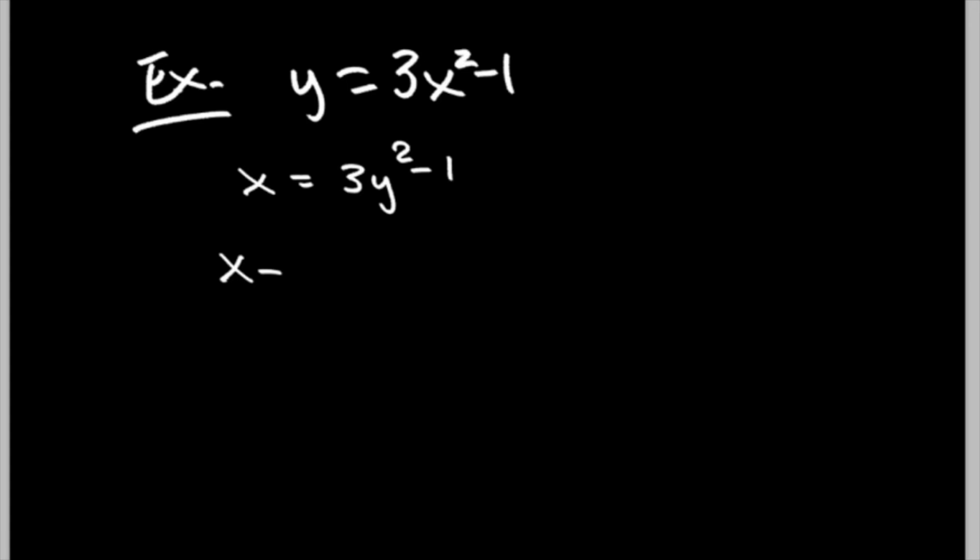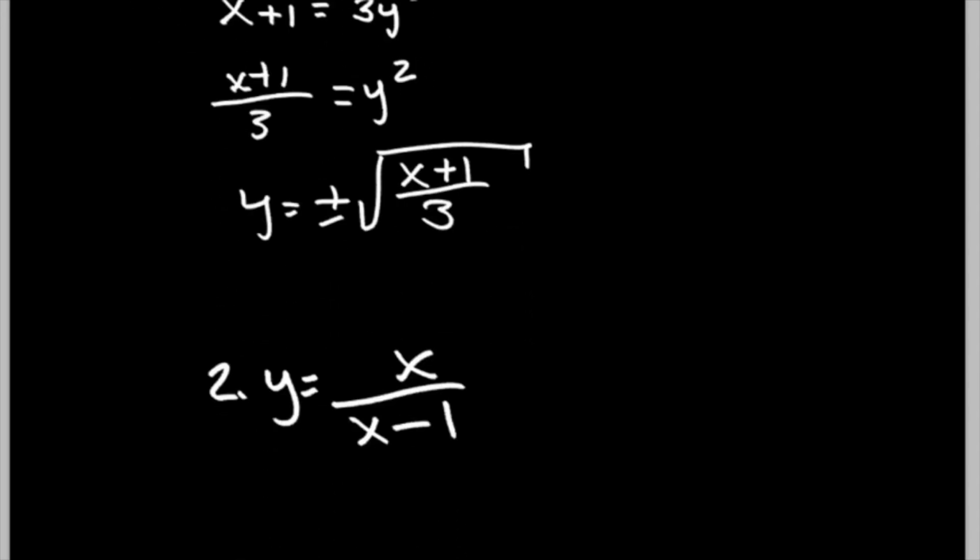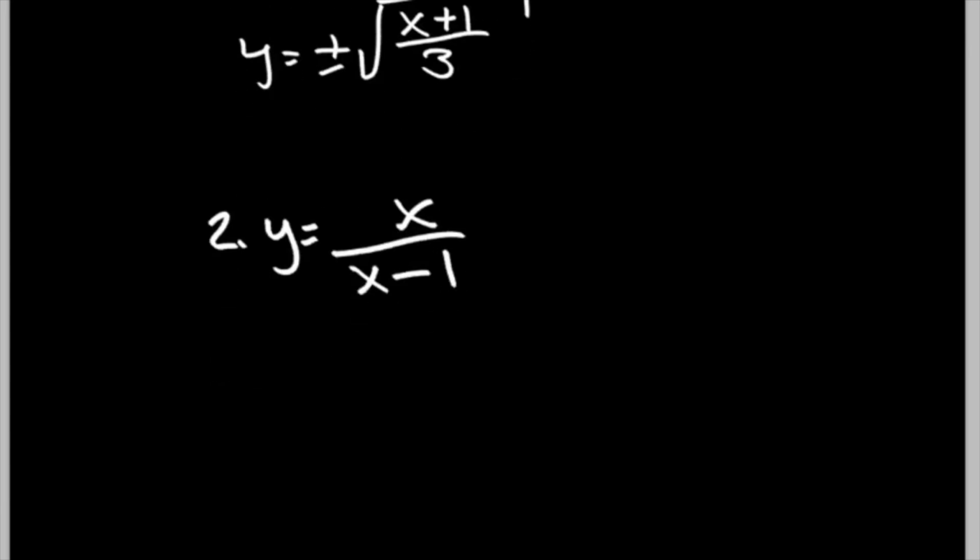We get the 1 on the other side. We get 3y squared. Then we divide by 3, and we get y squared left. For simplicity's sake, we're not going to do plus or minus square root too much, but technically it is. So here, I'm just going to write that there, but if you were to get one specific function, you can just not.